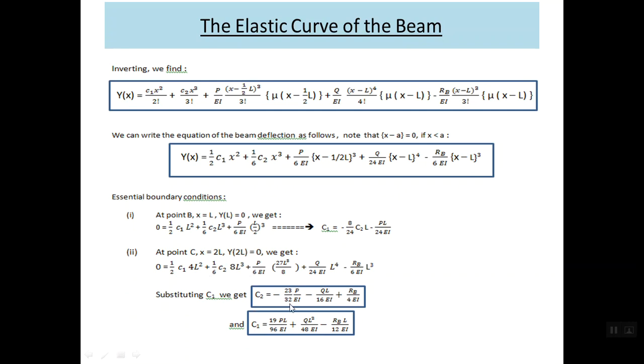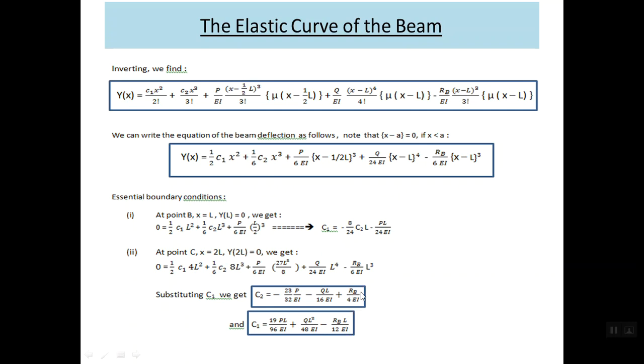You will notice that inside C1 and C2 we have one unknown variable, the support reaction RB. So how do we solve for RB?